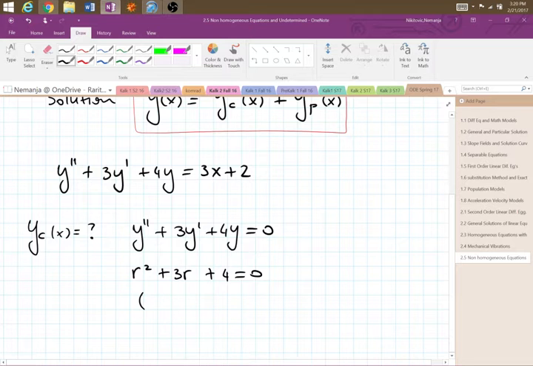What do we have for the characteristic equation? What two numbers multiply into 4 and add to 3? You can't factor this. If they were swapped, 4 and 3, then you could.